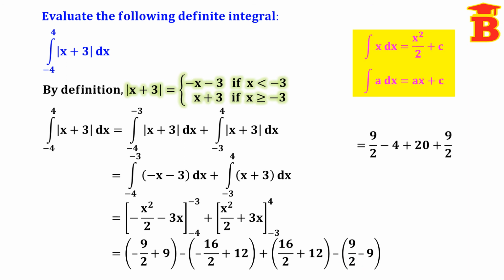Now this is equal to the first bracket, 9 minus 9 by 2, that is 9 by 2, minus the second bracket, minus 16 by 2 is minus 8 plus 12, that is 4, plus the third bracket, 16 by 2 is 8, 8 plus 12 is 20, minus the fourth bracket, 9 by 2 minus 9 is minus 9 by 2, so that minus into minus is plus 9 by 2.